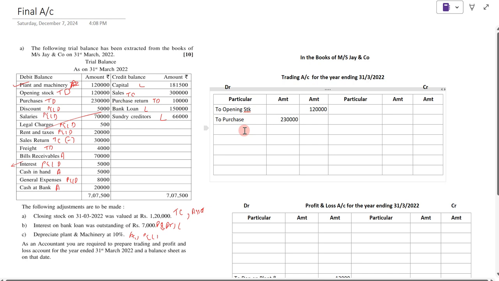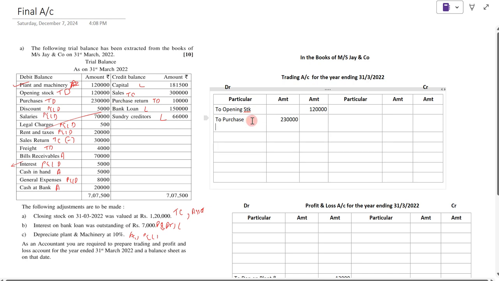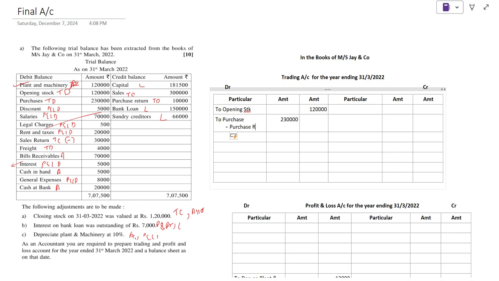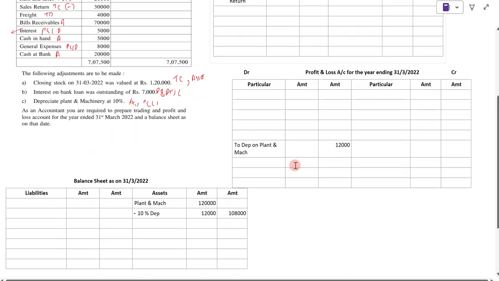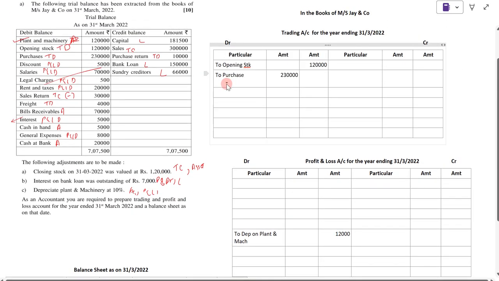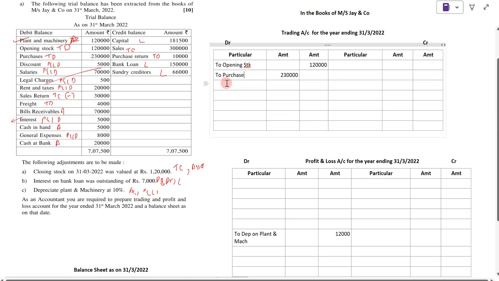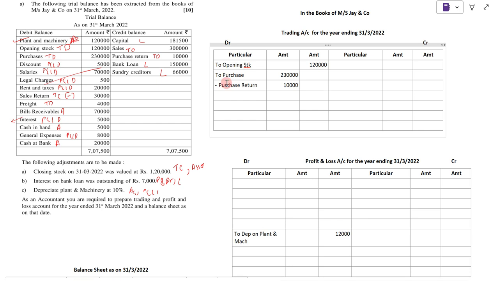So less purchase return 10,000. So 2,30,000 less 10,000 is 2,20,000.